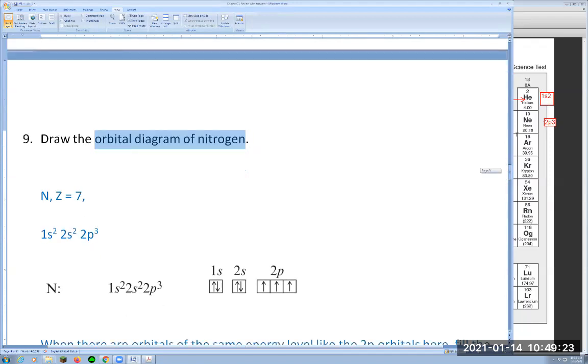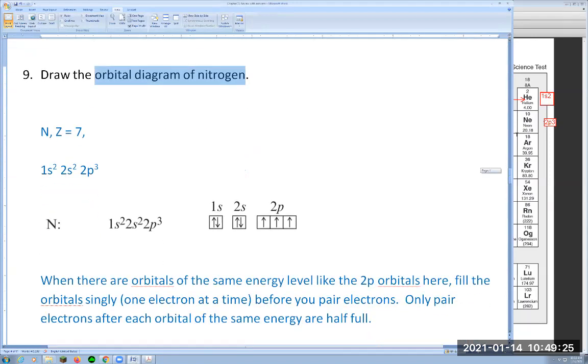So this is a very important thing. When you have orbitals of the same energy, like those 2p here, fill the orbitals singly, which means 1 electron at a time, before you pair electrons. Only pair electrons after each orbital of the same energy is half full. So for example, if you have 8 electrons, you would start to pair in the first box of the 2p here.